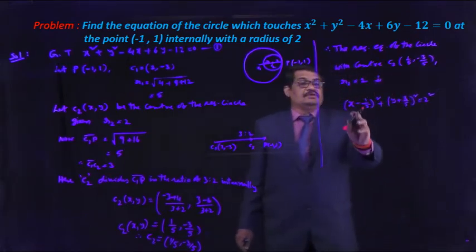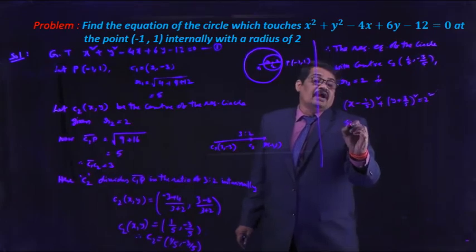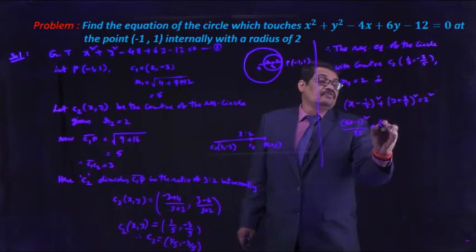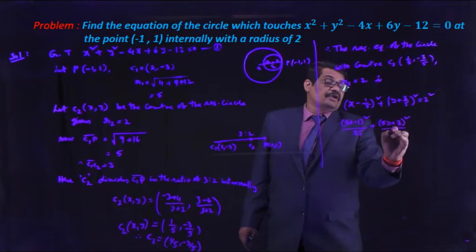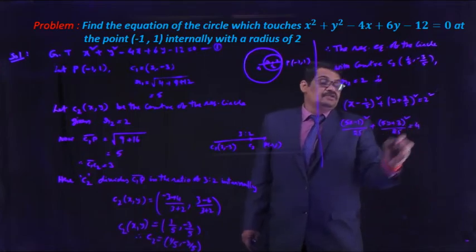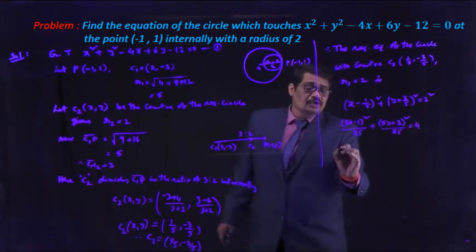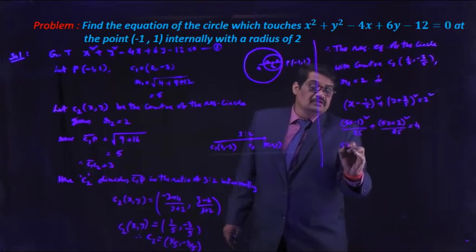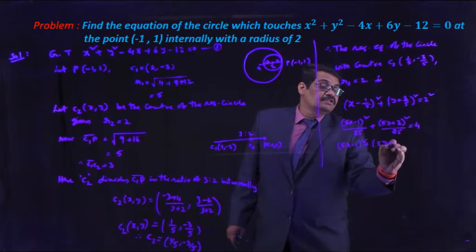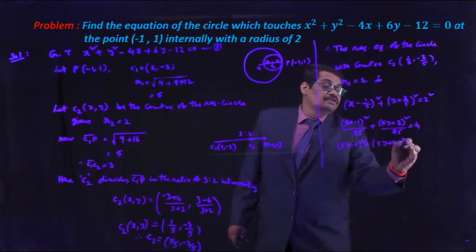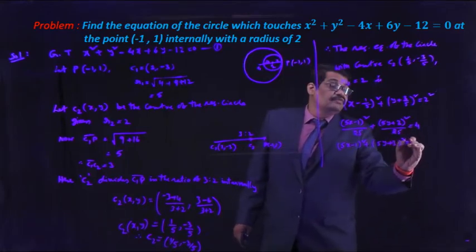So now we are simplifying. Here 5x minus 1 whole square by 5 square, that is 25. Here 5y plus 3 whole square by 5 square, that is 25, is equal to 4. Now this is the equation. 5x minus 1 whole square plus 5y plus 3 whole square is equal to 4 into 25, 100.